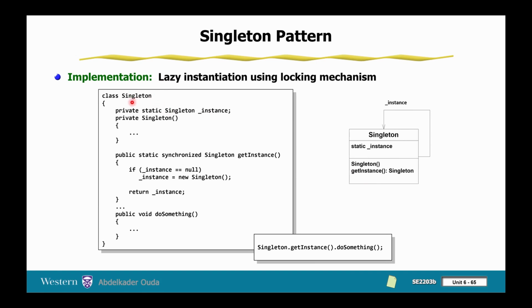The class name is Singleton, and the type of this variable is also Singleton, defined as static, but not final. And look, the Singleton constructor is defined as private. The way we implement getInstance, we use the built-in Java locking mechanism called synchronized. The keyword synchronized says to define this method with a locking mechanism.